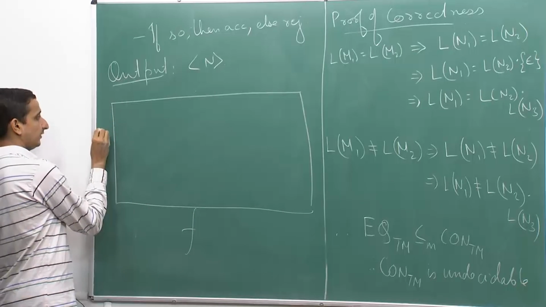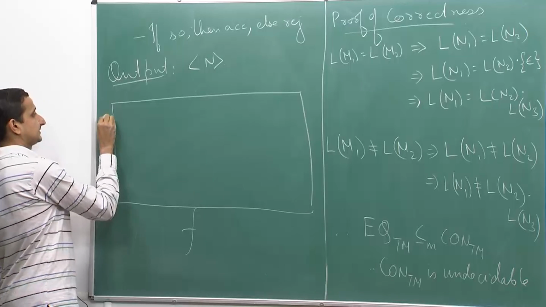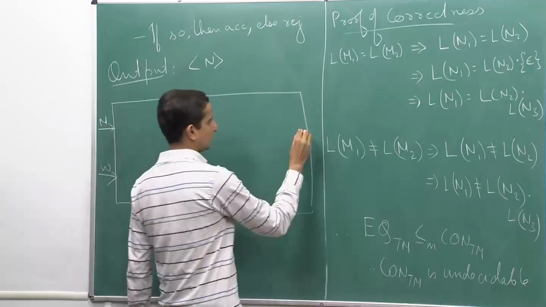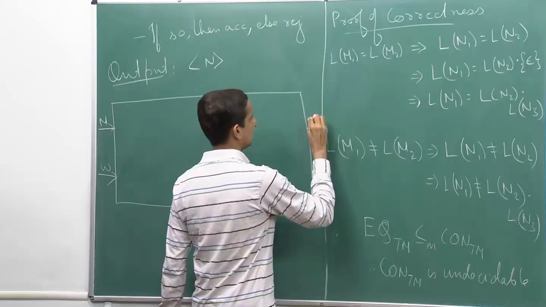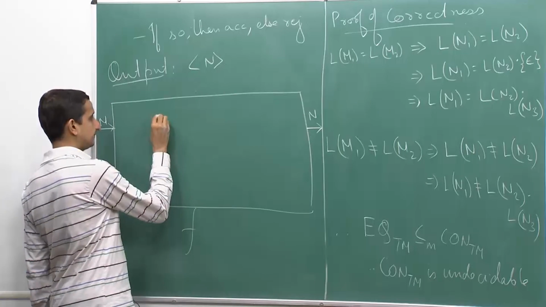What is the reduction doing? It is taking two things as input. It takes a machine m and a string w, and it outputs another machine n.